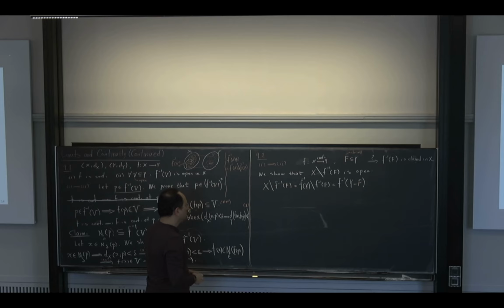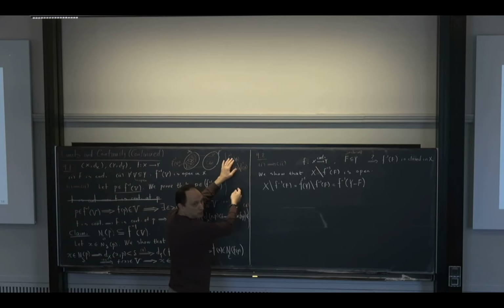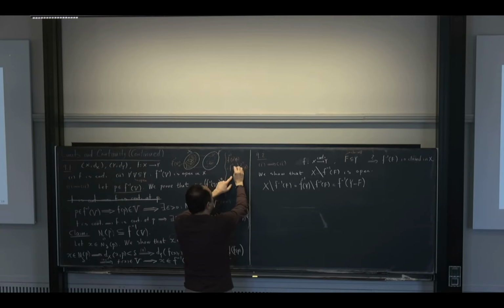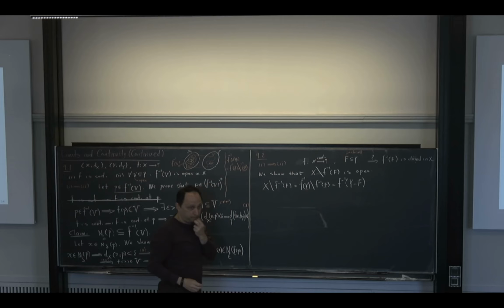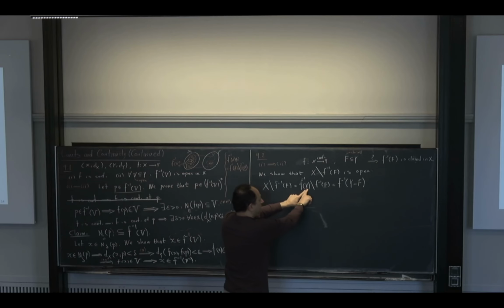No. f inverse of Y. f inverse of Y means the ones that are mapped to Y. So everything in X will be mapped to Y. So the inverse image of Y will be the whole X. The formula has A and B there, and now you have X, F, and Y. Yes, because I am just giving names to A and B in general. So A is playing the role of Y, and B is playing the role of F. This is a formula. I am using this formula for my sets Y and F.